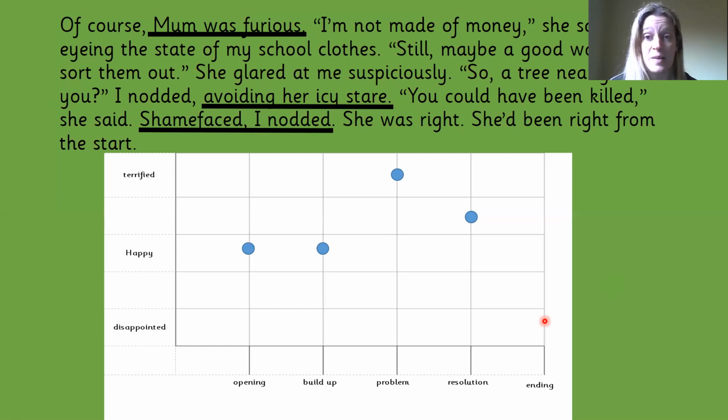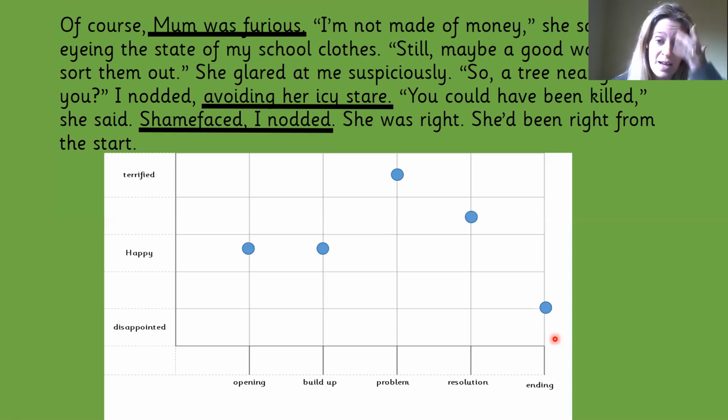Something did happen. You should have listened to her in the beginning. Okay, so I've picked out these things here to show that the boys would be feeling disappointed. They'd be feeling quite disappointed in what they've done, and actually they didn't listen and they didn't take the warnings seriously when they should.